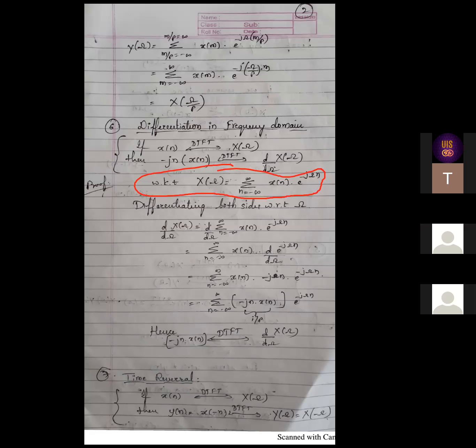We started with the RHS, we arrived at the LHS. Here also we'll do the same thing. As your RHS is having differentiation, we will differentiate the given Fourier transform equation. So d by d omega of x of omega will be equal to, you just differentiate the complete RHS.